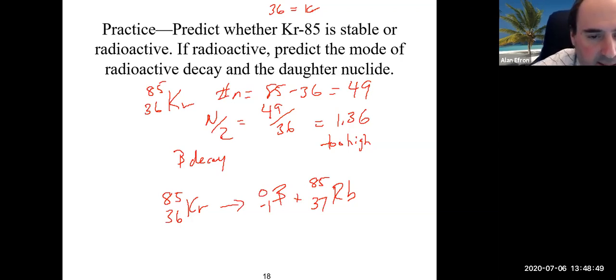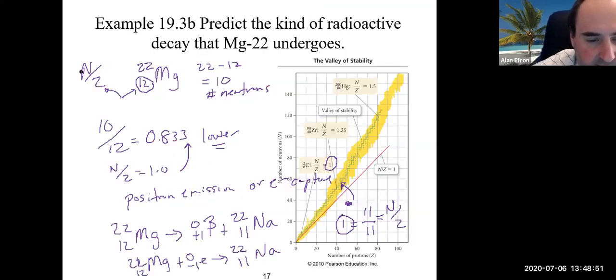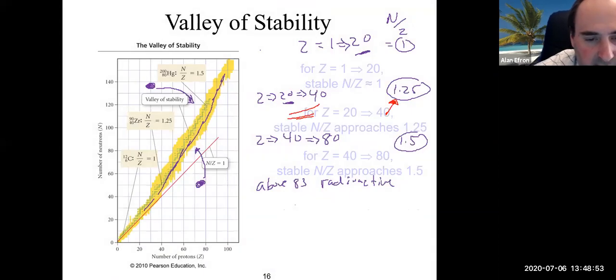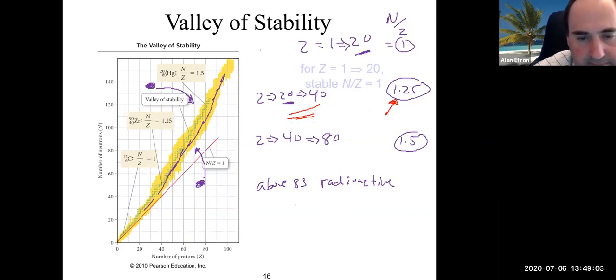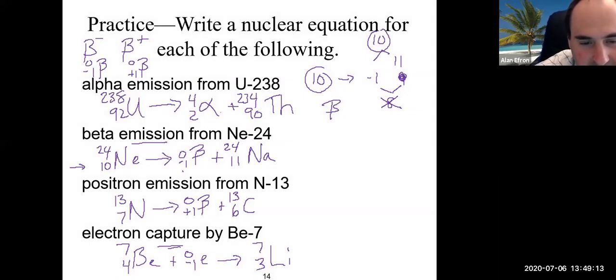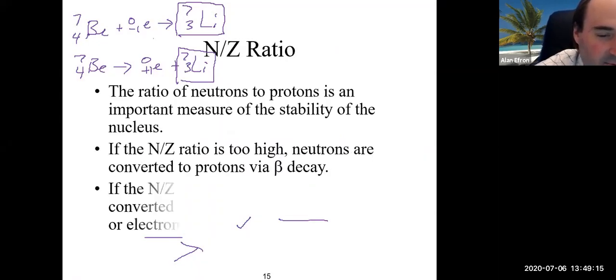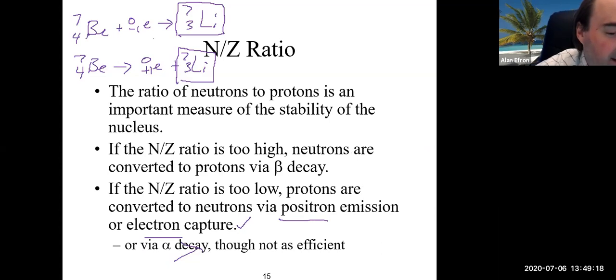Again, because this is 36 and it falls into that region, we're looking for a good ratio of 1.25. As we saw back on this slide, we're too high, so we're going to go through that beta decay.